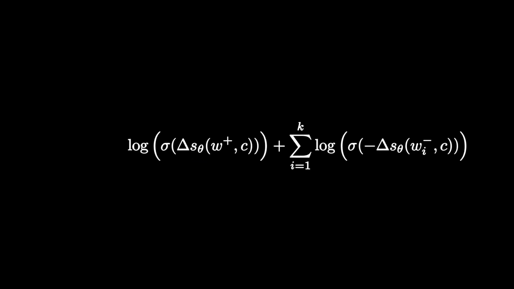Quite like this, we add the second component, which is about the compatibility between the samples from the noise distribution and the context. This essentially is a logistic regression or a binary cross entropy loss function written in a little different way.